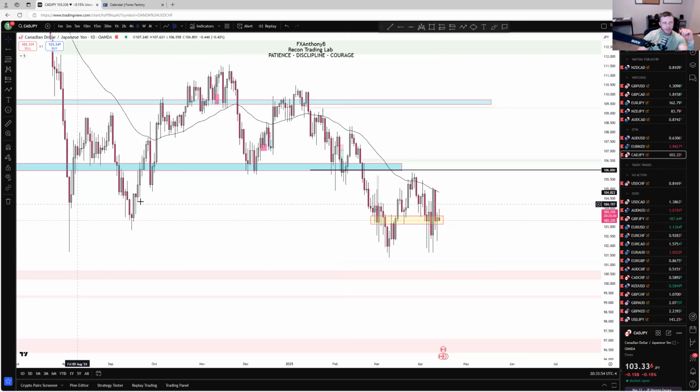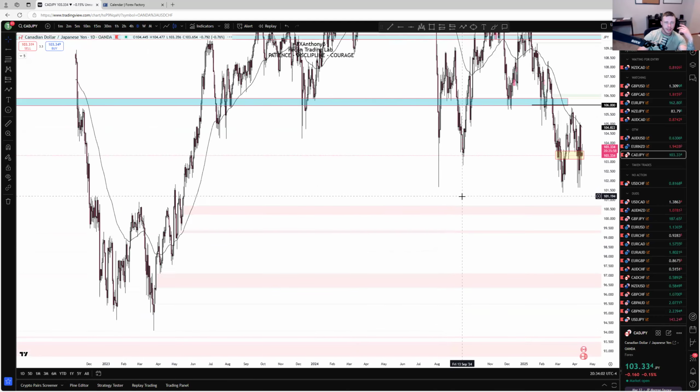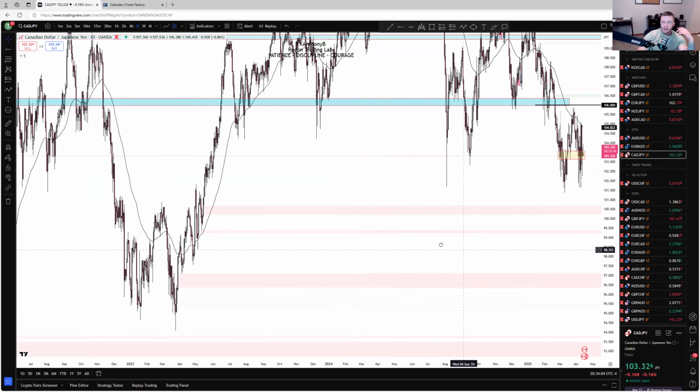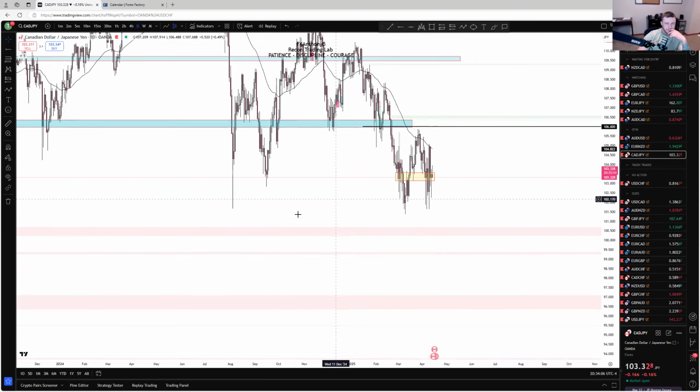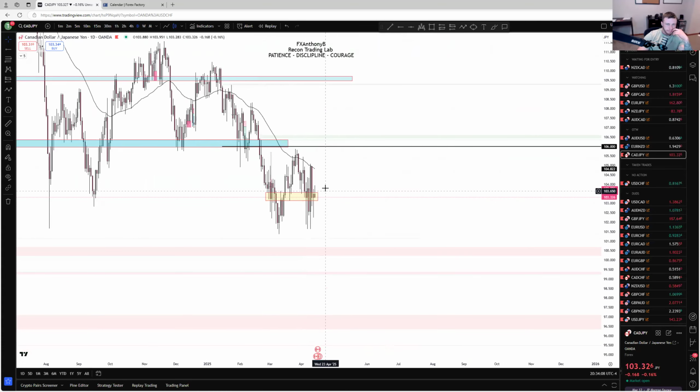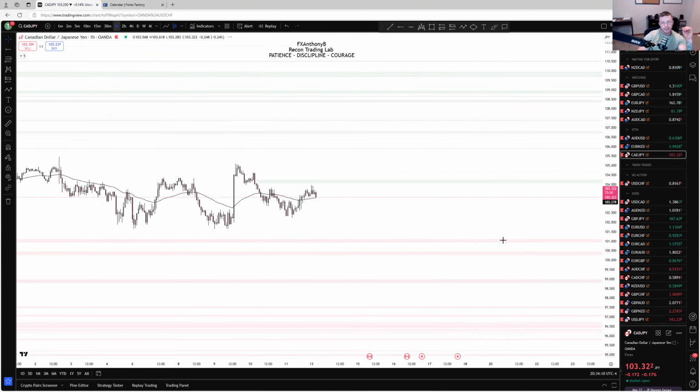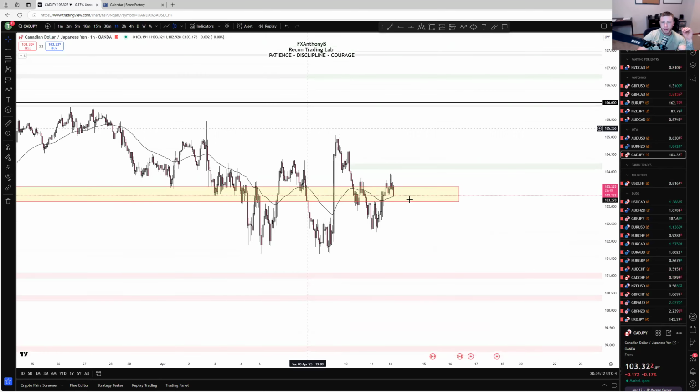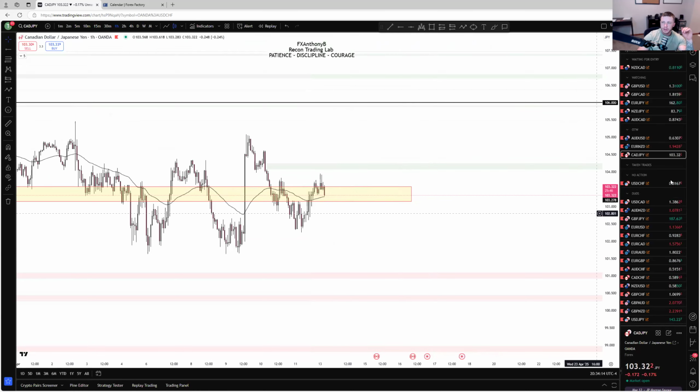Which is very possible because we have a lot of rejection in this zone here. And will it continue to head to the downside, which is also very, very possible. So curiosity is going to kill me here, and I will watch this one for the week.